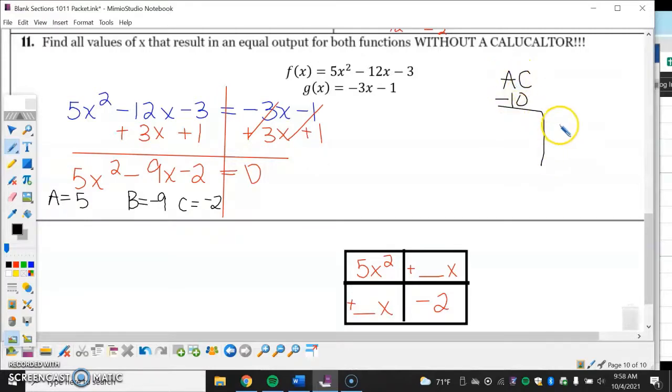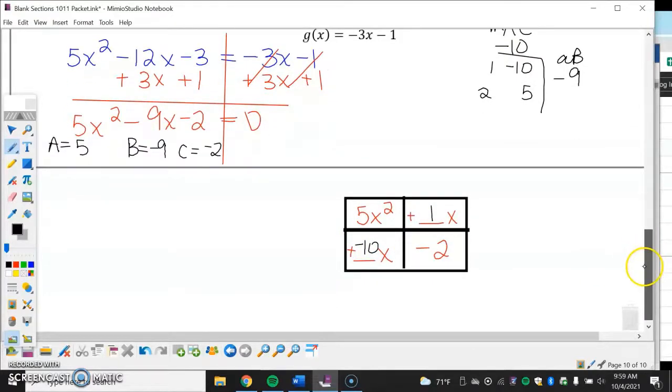The two numbers that I find need to add to get b, which is negative 9. What two numbers would multiply to get negative 10 and add to get negative 9? The factors of 10 are 1 and 10, or 2 and 5. So I would need 1 minus 10, plus 1x minus 10x.